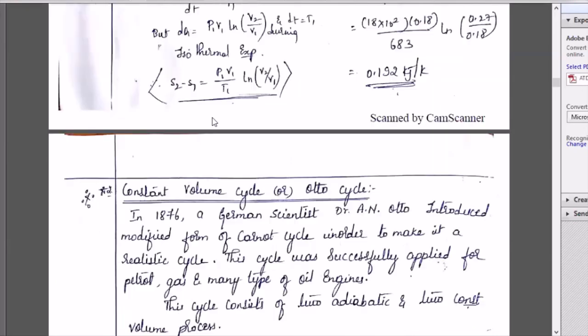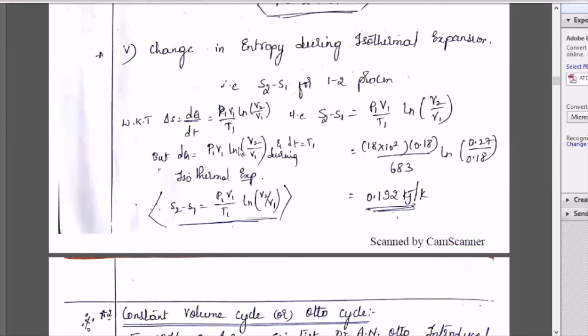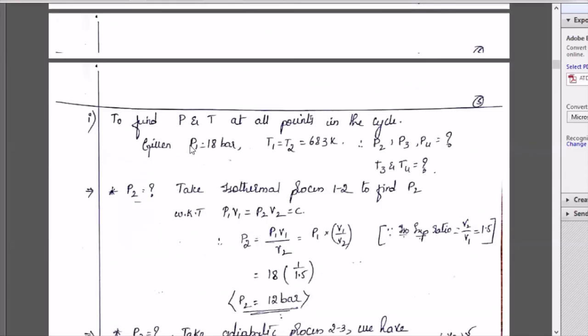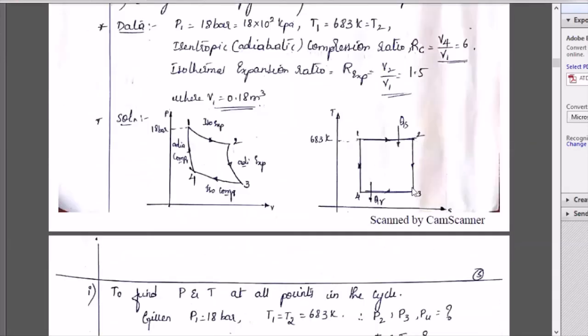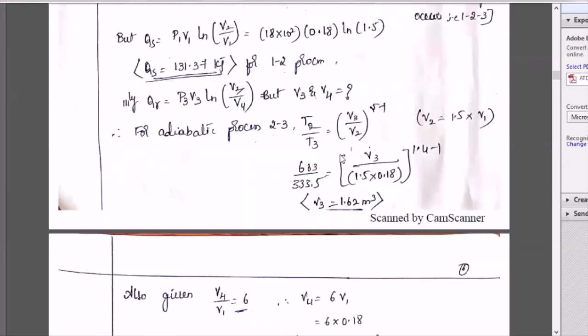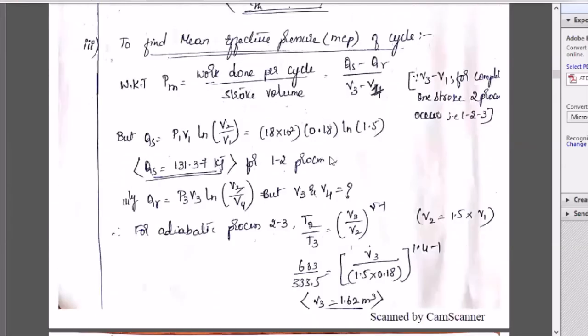The last one is to find the change in entropy during isothermal expansion. How do you find the change in entropy? Observe the T-S diagram, because entropy is present in the T-S diagram. You can find S2 minus S1 or S3 minus S4, because S2 is equal to S3 and S1 is equal to S4. So the difference in entropy will give you the value of entropy.